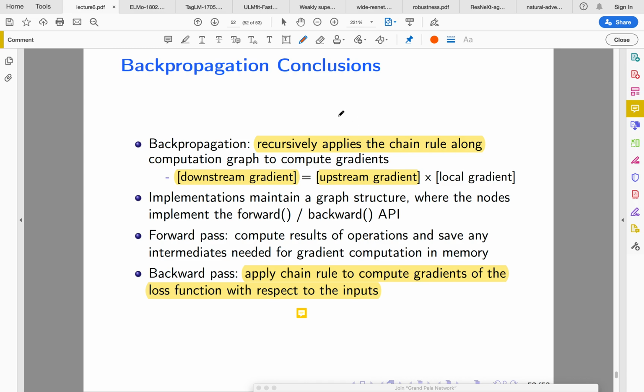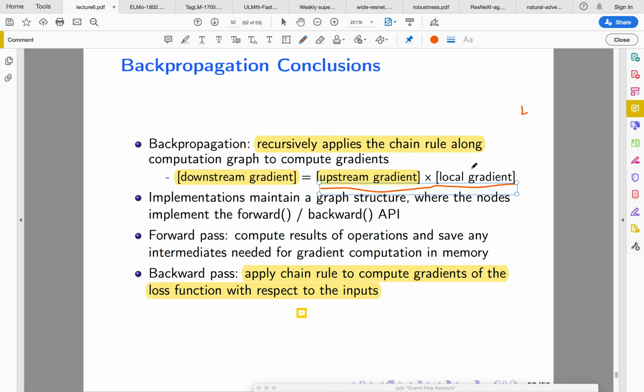So the conclusion for backward propagation is that it is very important for us to know that to calculate the downstream gradient, you multiply the upstream gradient by the local gradient. Remember that the upstream gradient is what we start from, the loss at the end.